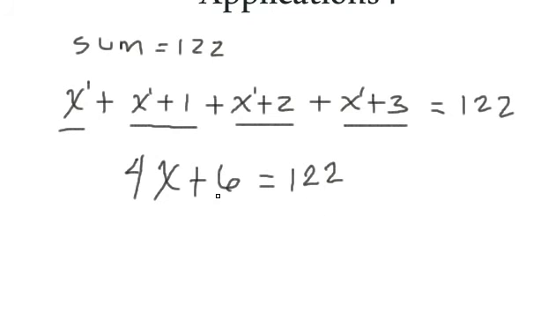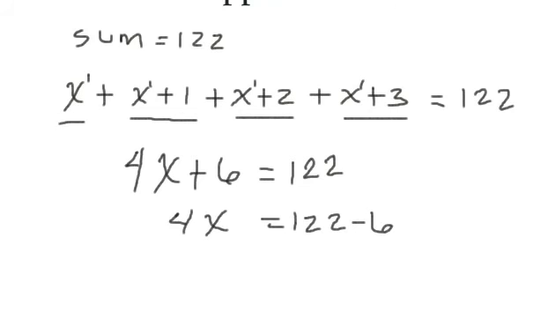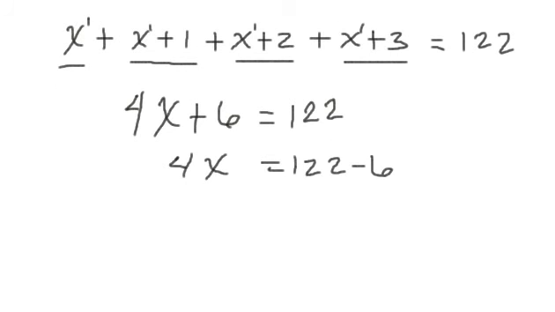So now in this equation we want to solve for x. So I'm going to take this 6 over to the other side. So this becomes 122 minus 6, and we're just left with a 4x over here. So we take 122, we subtract 6 from it, and we get 116.